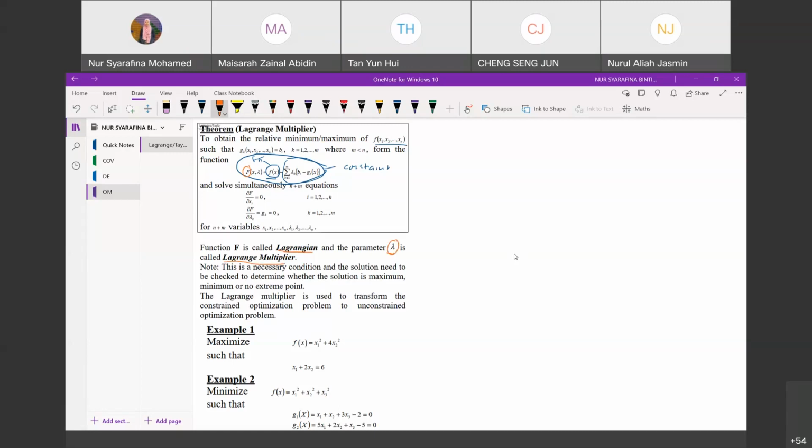All right, so note that this is a necessary condition, and the solution needs to be checked to determine whether it is a maximum, minimum, or no extreme point. How can we check? By using the level curve, where we look at the neighborhood points. I'm going to show you after this.